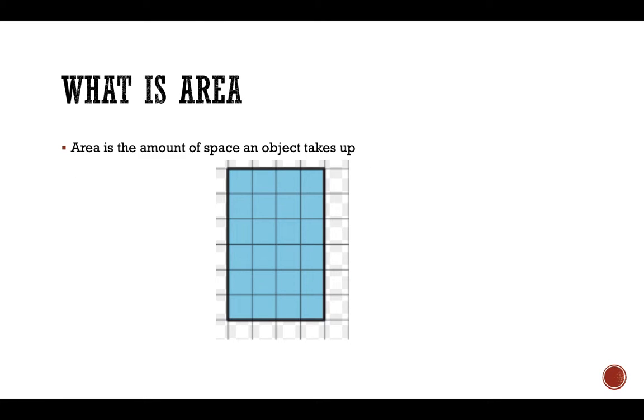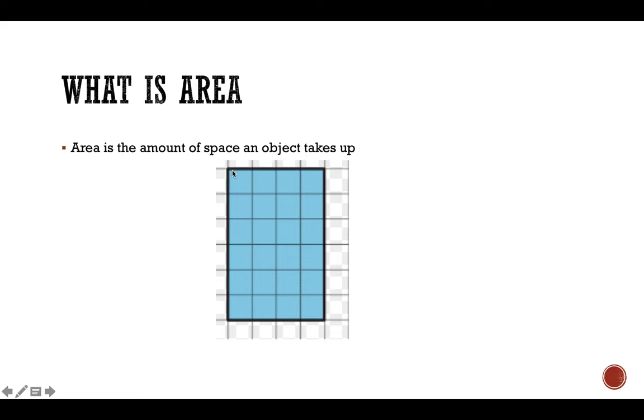All right, so now that we have that established, it's important: what is area? If we're trying to find the area of parallelograms, and we know what a parallelogram is, but what is area? An area is the amount of space an object takes up. If we look at this blue rectangle, and we wanted to know the area of this shape, we would simply count the boxes to figure out how many boxes are taken up by this shape.